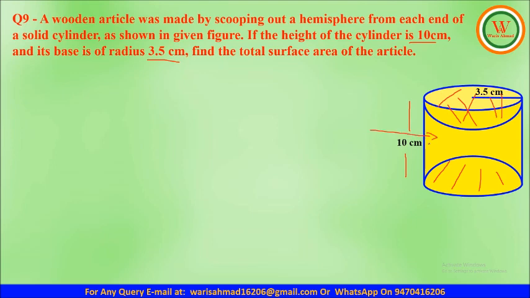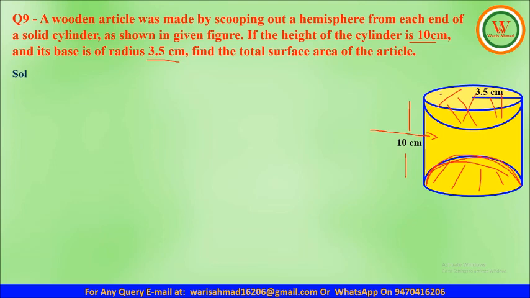After finding the curved surface area of this cylinder, then we have to find the curved surface area of this hemisphere also, because we are scooping out the hemispherical part from the base as well as from the top also. So we are having the surface just like the hemisphere at the bottom as well as at the top also. So let us see the solution of this question.